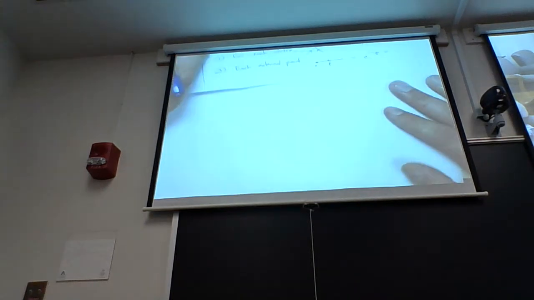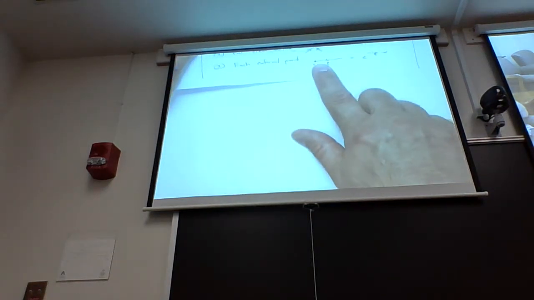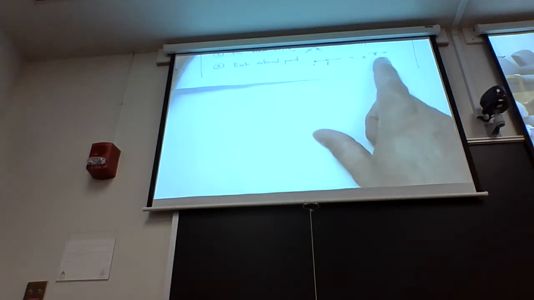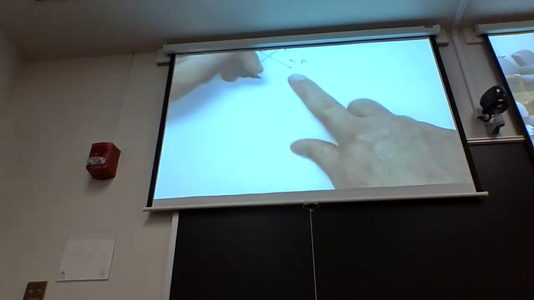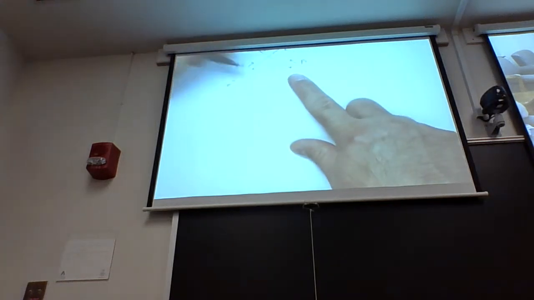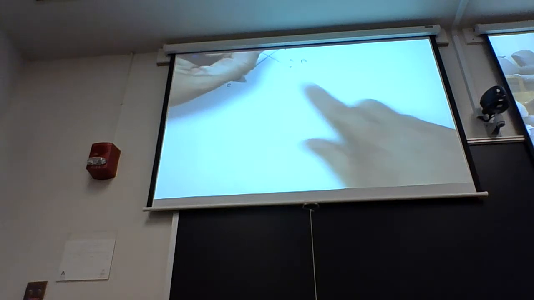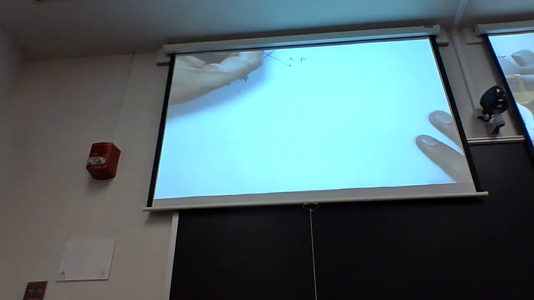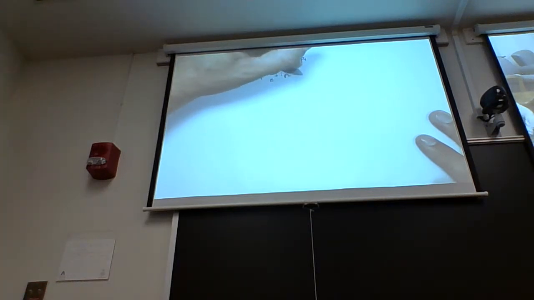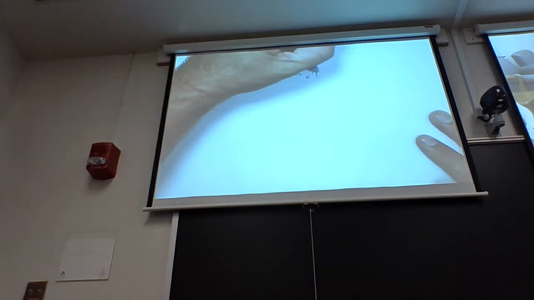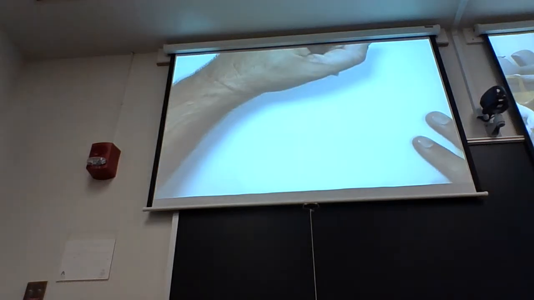Well, for our external points, I've drawn the momentum coming in. So what we would do is assign 4 factors of e to the ip dot x, so I'd have e to the ip1 dot x1, e to the ip2 dot x2, e to the ip3 dot x3, and e to the ip4 dot x4.